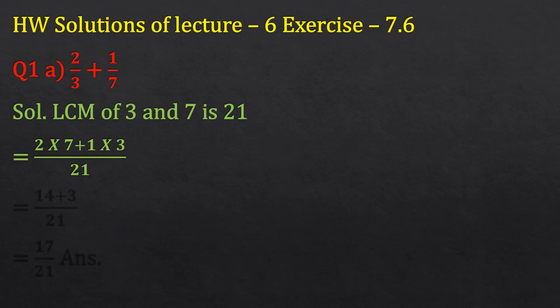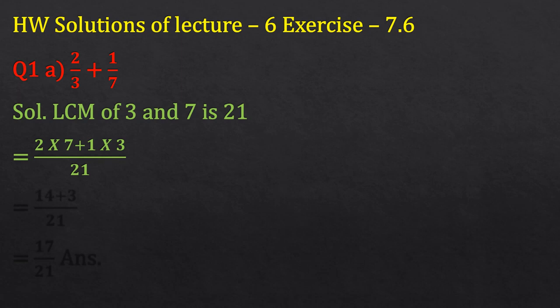Now see how we will do. Now see the first fraction only, 2 upon 3. Take its denominator 3. Now divide 21, that is the common denominator, by 3. I am repeating, divide 21 by 3, you will get 7. Multiply this 7 by 2, that is the numerator of the first fraction. It is 2 multiplied by 7.